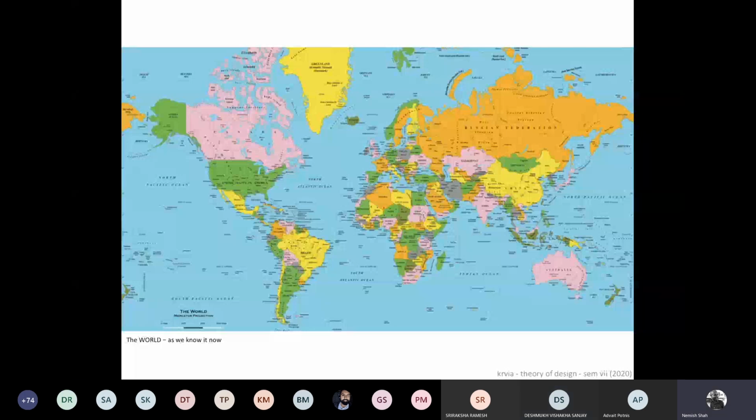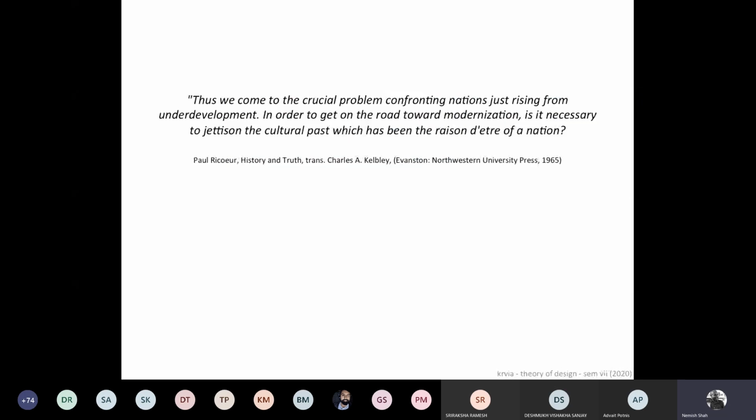So this is the world. But we come to this problem. Again, I am repeating the sentence from last time, what Paul Ricoeur said. We know from history that modernity in some sense emerged through the West, which became richer through the means of colonialism and imperialism, and this global South was very different from the North.